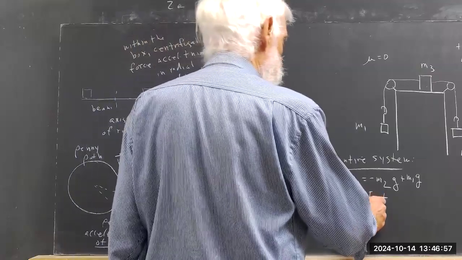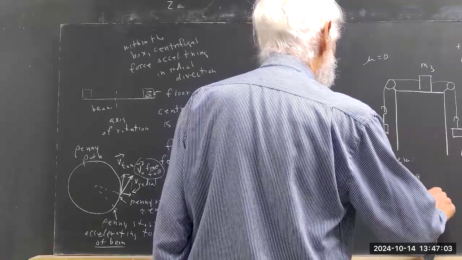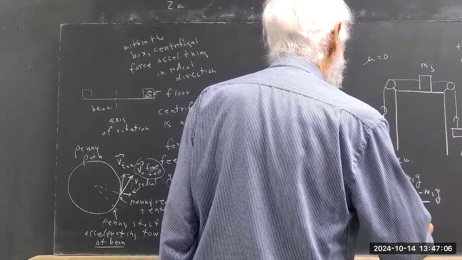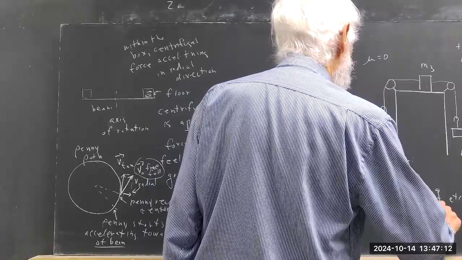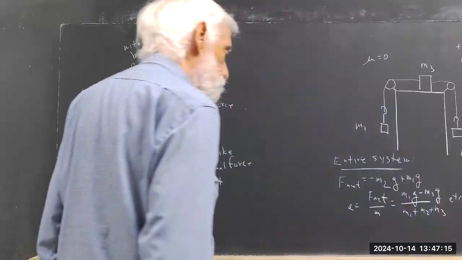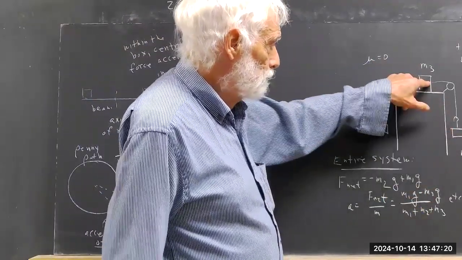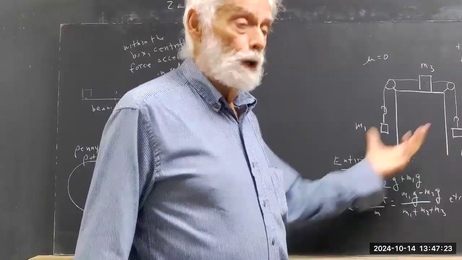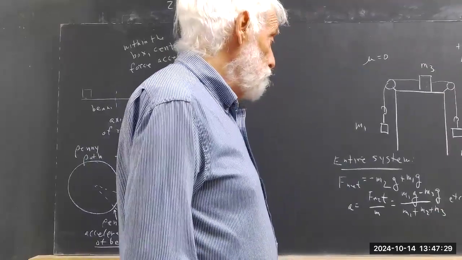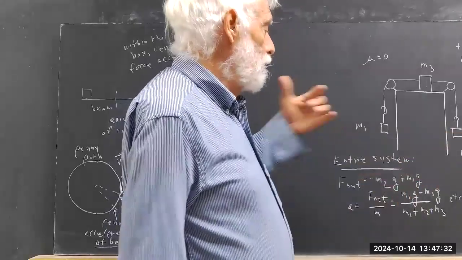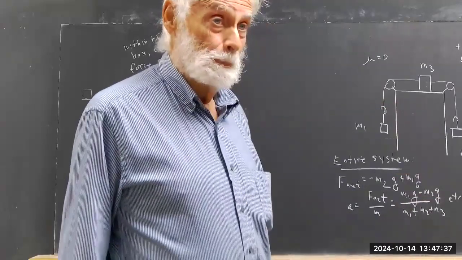Acceleration is F net over M. The M is now M1 plus M2 plus M3, right? Because all three masses are being accelerated. Okay. So if you memorize this formula, M1 minus M2 divided by M1 plus M2 times G, it's not going to do you a doggone bit of good on this system, is it?